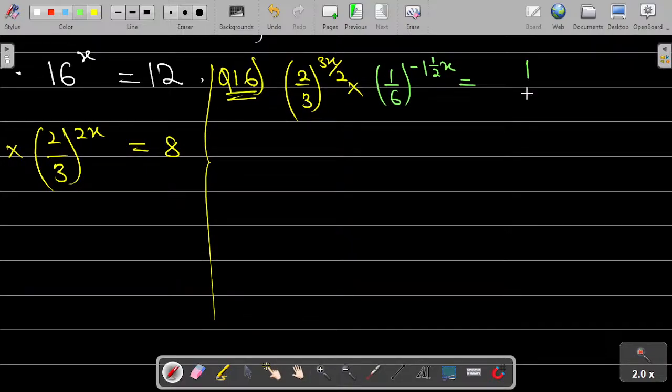Okay, so the right hand side is like this: 1 all over 8 raised to the power of minus 2x minus 1. Okay, I think I've solved this particular problem somewhere.